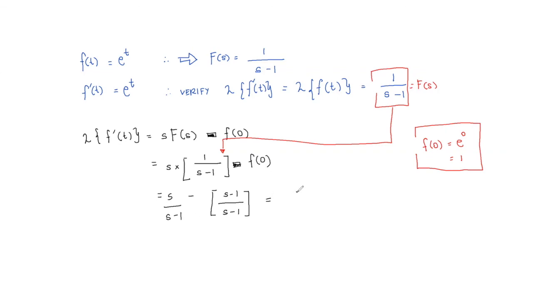So when we solve this equation, we will get s minus s plus 1 over s minus 1, and we can cancel out the two variable s from the top, and we are left with the answer 1 over s minus 1.